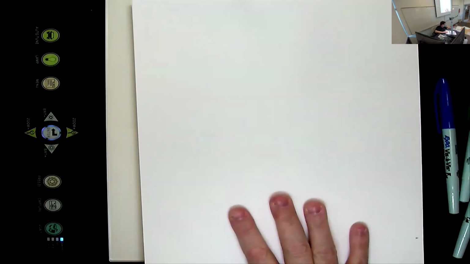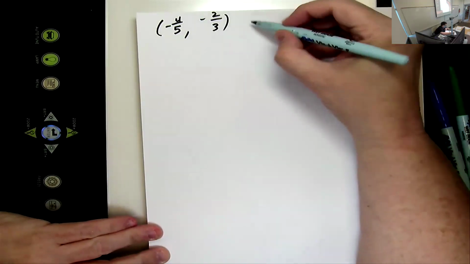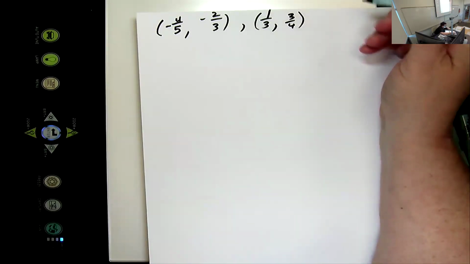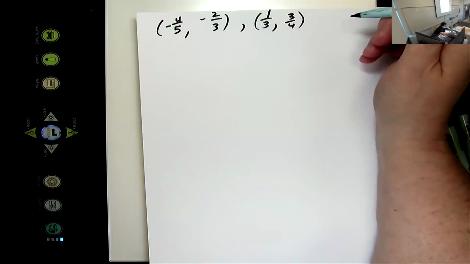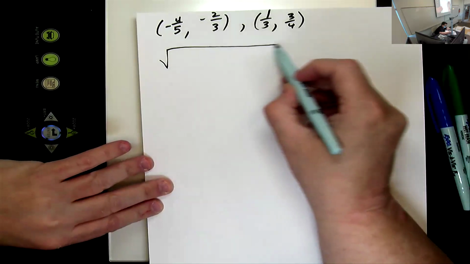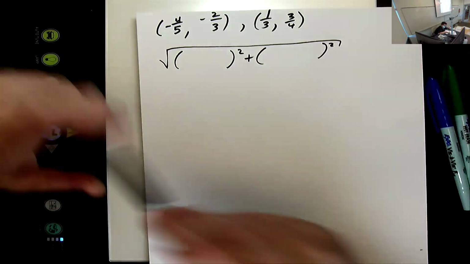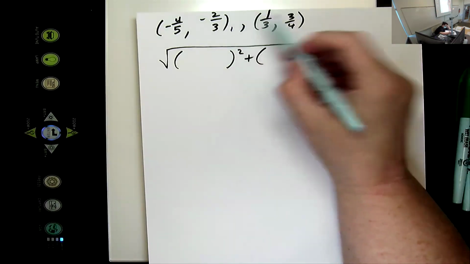All right, one more. We won't go through the whole thing, but I want to remind you how to do this. So if I call this 1 and this one 2.